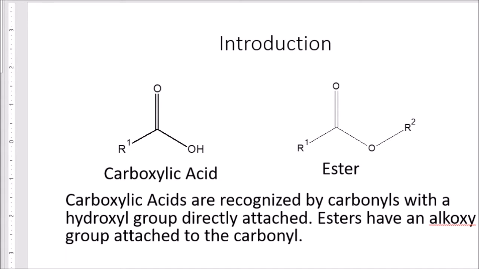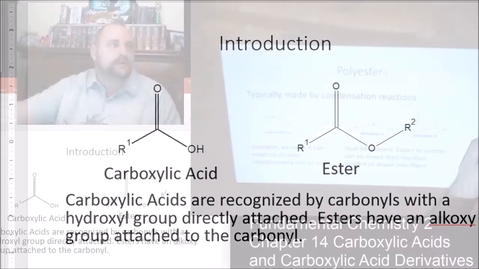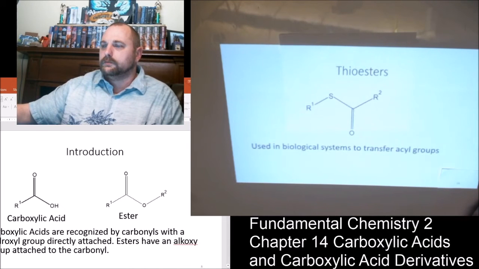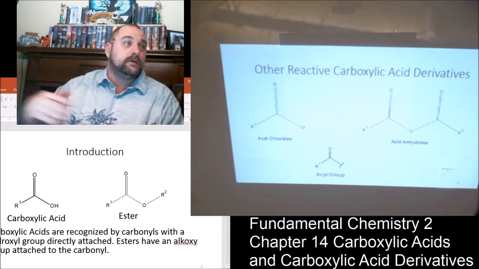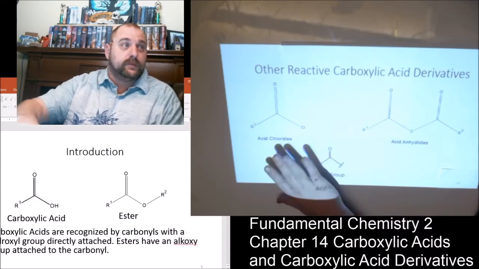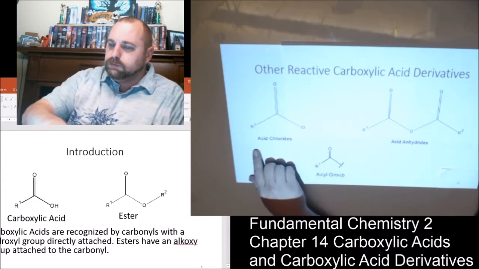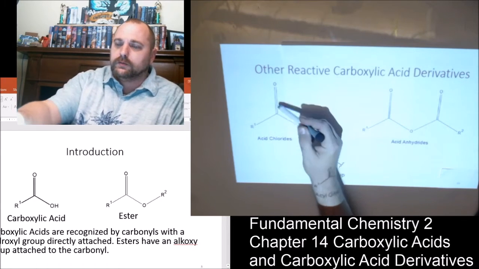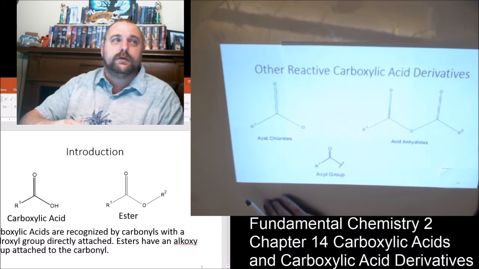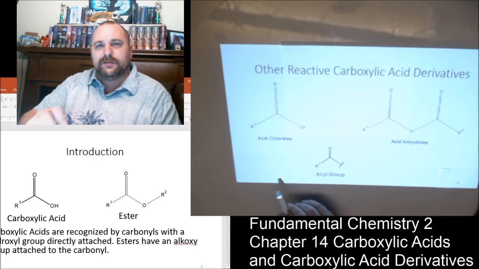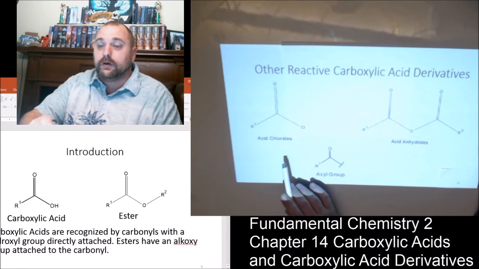We also want to look at some other carboxylic acid derivatives, things that are derived from them. So we'll be looking at acid chlorides, chlorine directly attached to a carbonyl, an extremely reactive form, usually referred to as an activated carboxylic acid.